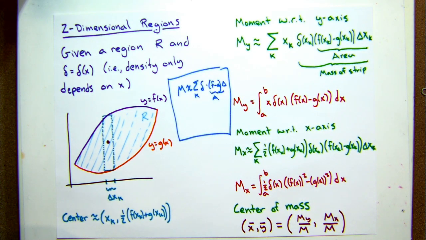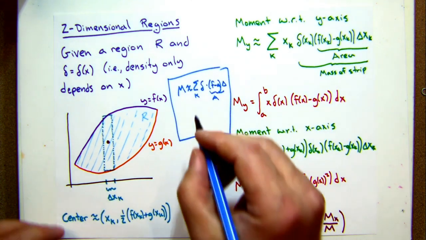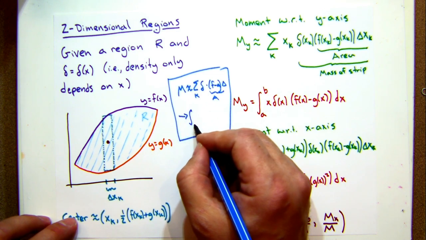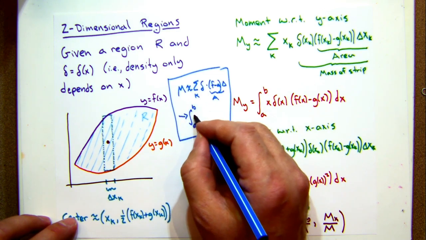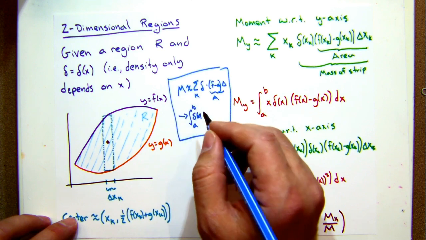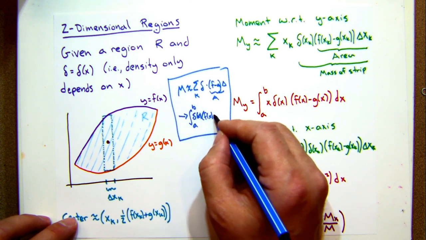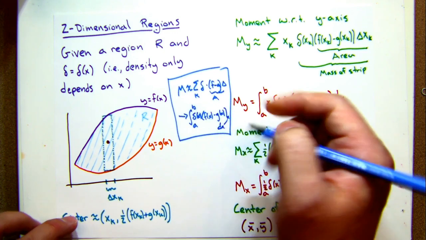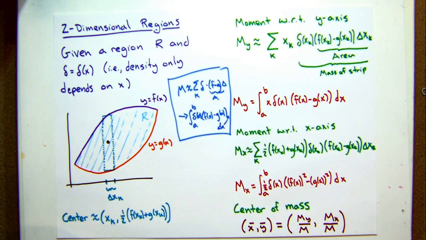So the density times (f minus g) times delta x is the mass of a little piece, and I add them all up. And this becomes the integral from my bounds a to b of delta times f(x) minus g(x) dx. Sorry, I forgot to write down the equation for mass. So we're integrating delta times f minus g.